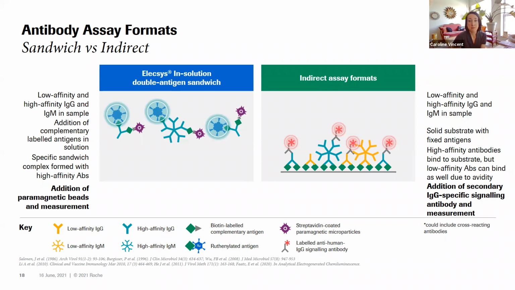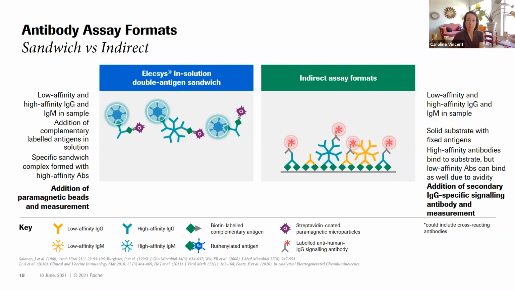In the case of indirect assays, we need a second antibody in order to detect the primary antibody and generate a signal. If the secondary antibody is specific to IgG, it will allow these assays to only detect IgGs and specific to IgGs.